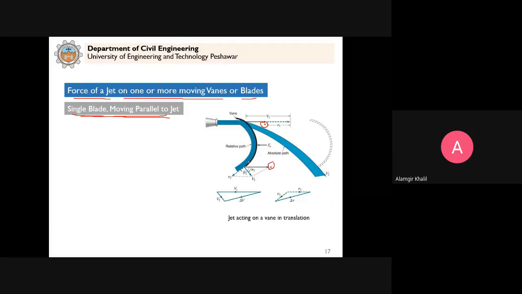The vane's velocity is less than the velocity of the jet, so the jet will be able to reach and hit this vane or blade, and we can calculate the force.